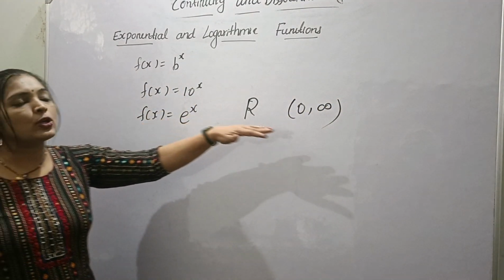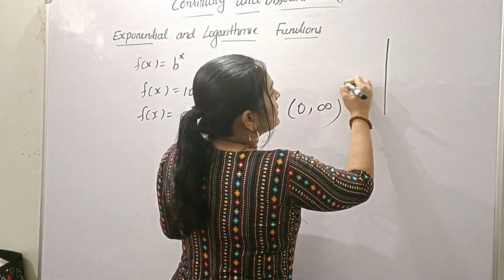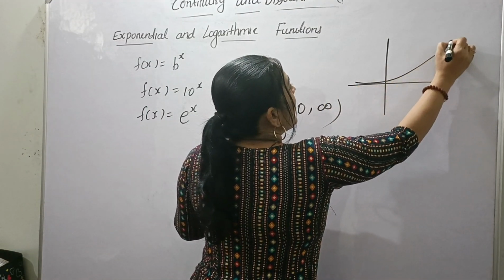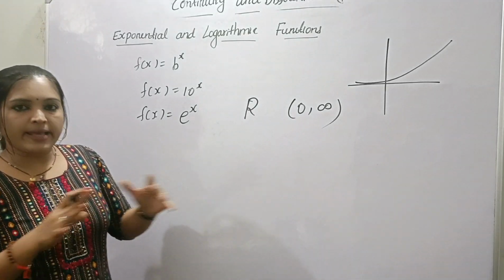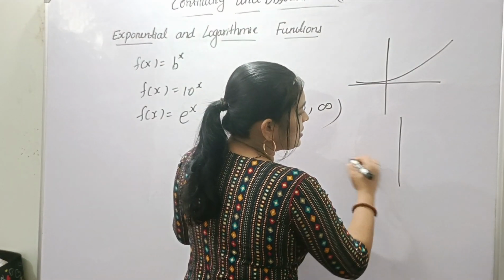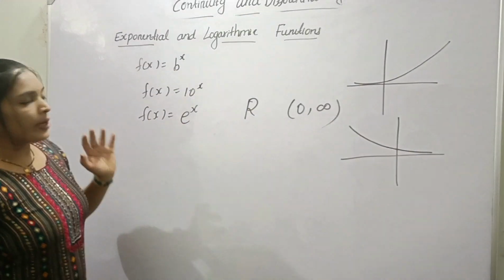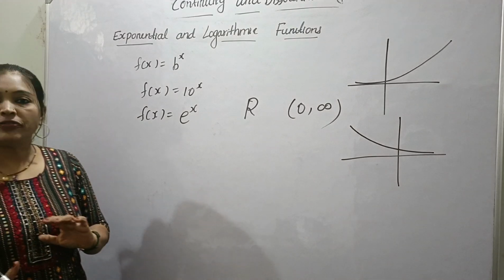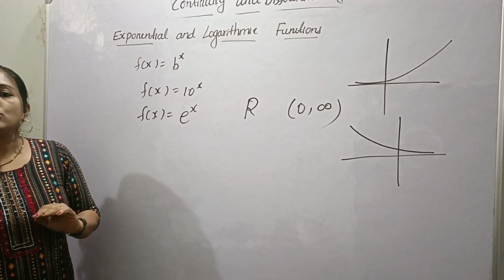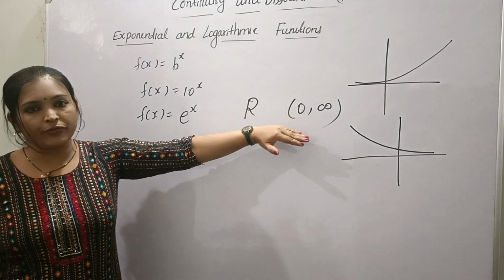Its graph for f of x is equal to e raised to x lies only in the positive y-axis, and for e raised to minus x it will be like this. So remember, the domain of an exponential function is the set of real numbers, and the range is the set of all positive real numbers, that is 0 to infinity.